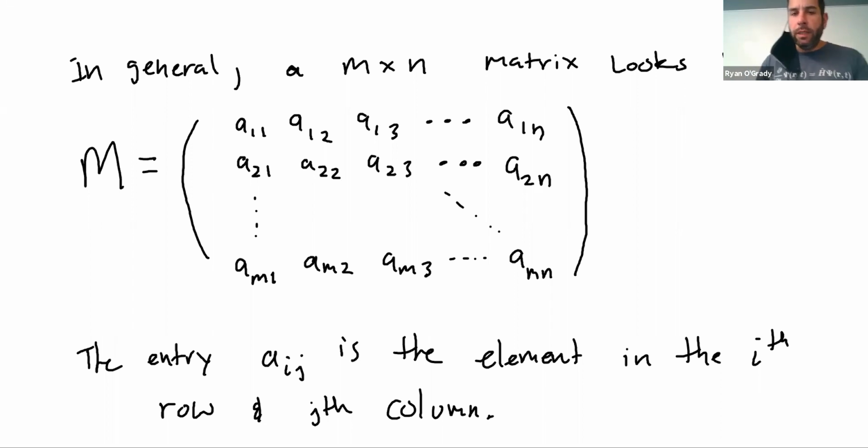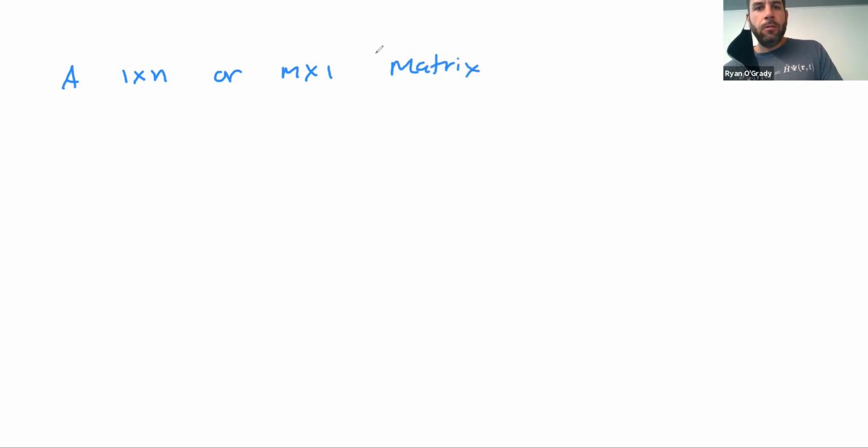Okay, so if we have these new mathematical objects, by the way, for those of you who are familiar with this, a 1 by n or m by 1 matrix is often called a vector. So you might have something with 1 row and n columns.